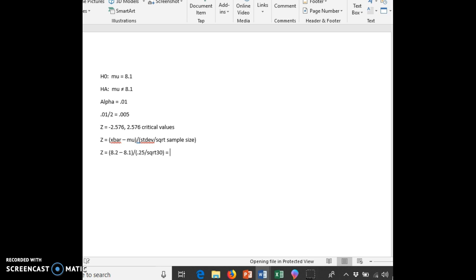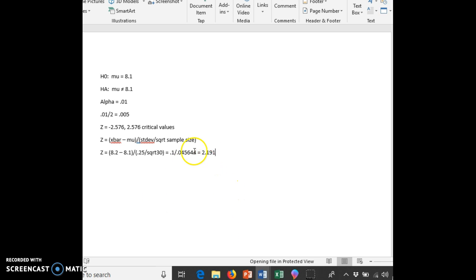On top, we're going to get 0.1. On the bottom, when we put that into our calculator, we get 0.045644. Take that out about 6 or 7 decimal places in order to ensure accuracy. And when we divide this out, we get 2.191.